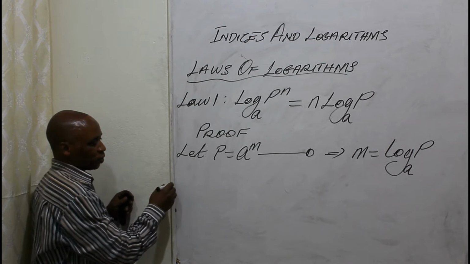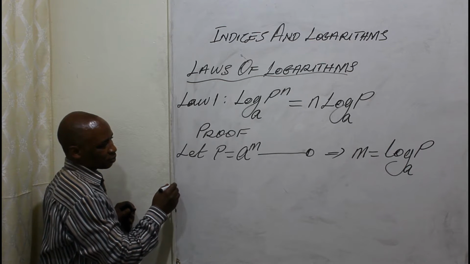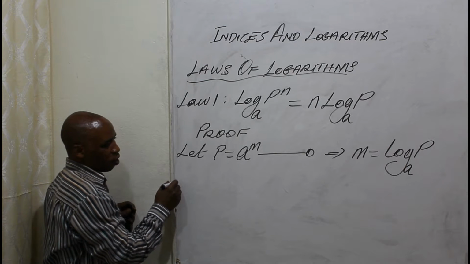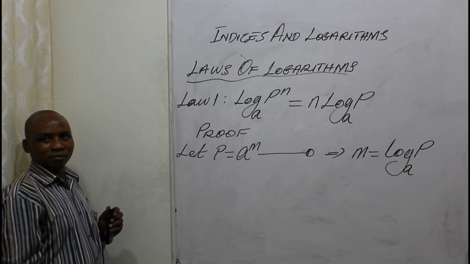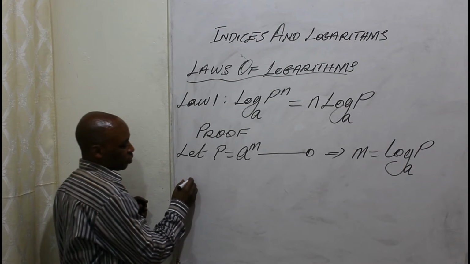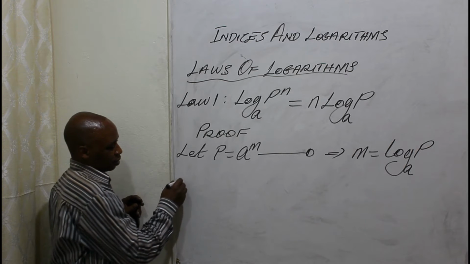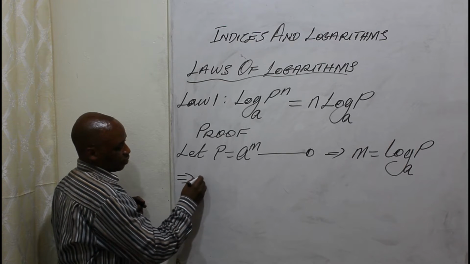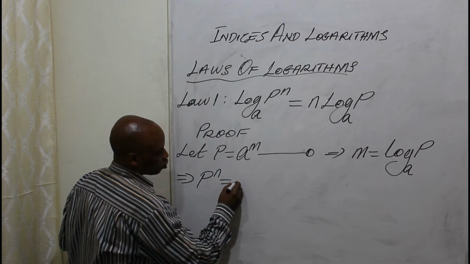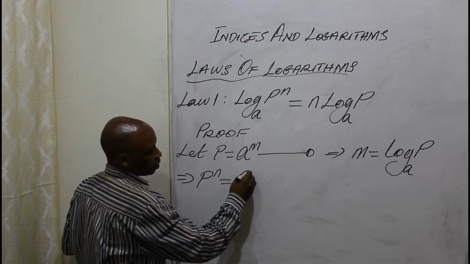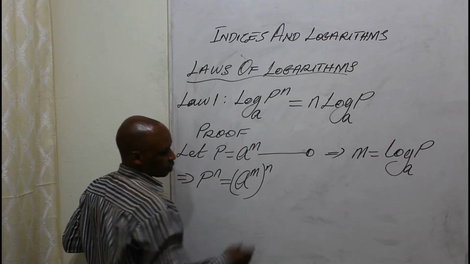Then what we do is that we raise both sides of equation 1 to the power n. And this will give us p raised to the power n being equal to a raised to the power m, all raised to the power n.